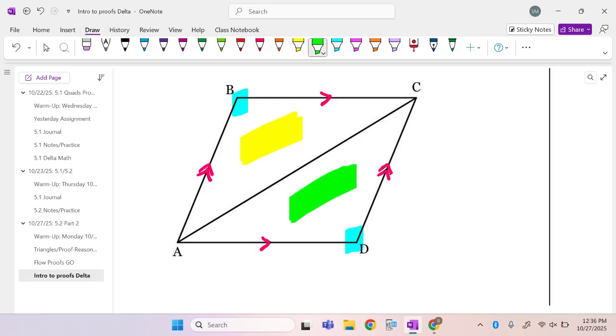So someone besides Dylan, method of attack, we'd first have to prove what before we can say that angle B is congruent to angle D. So before we can say angle B is congruent to angle D, what do we have to show first? Big picture, guys, overall, what do I have to show first? Why do I care about those two triangles? What do I need to show first?